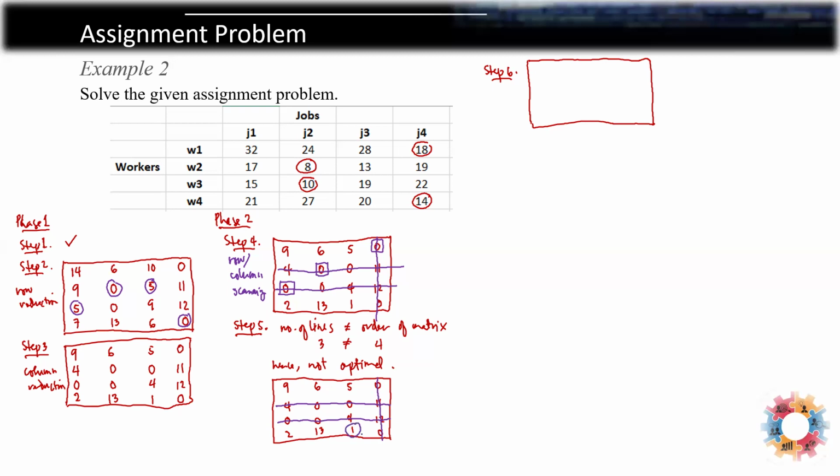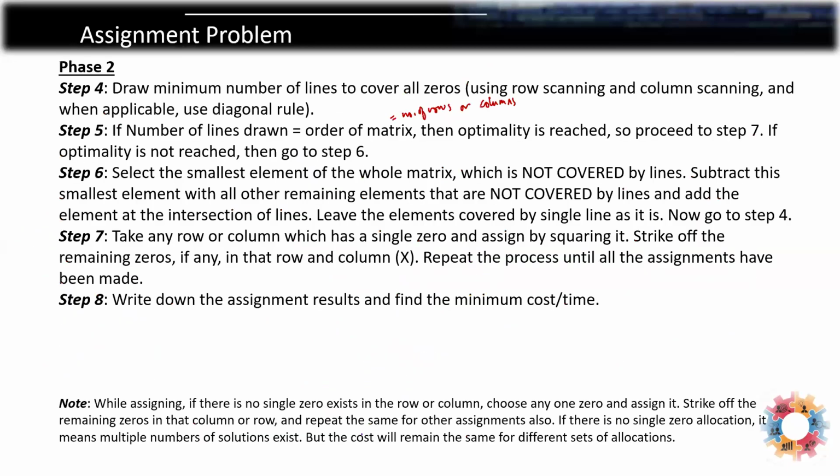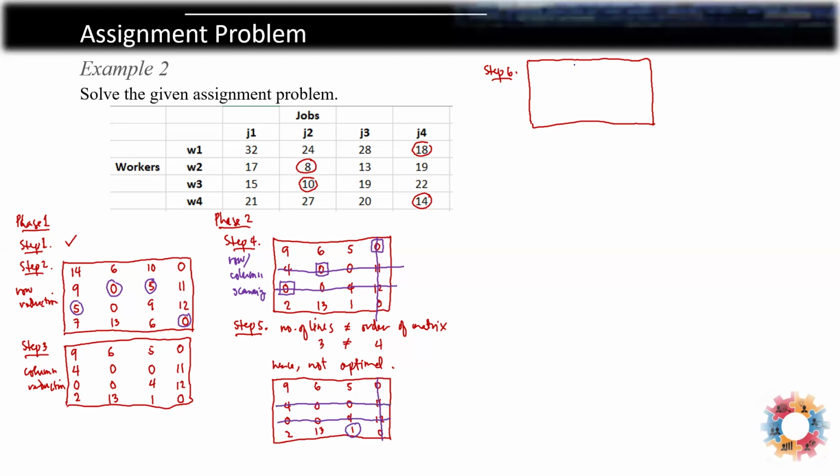That's the smallest. And according to step number 6, for those entries which are not covered by lines, you're going to subtract the smallest element. Okay? So let's subtract that. 9 minus 1 will give us 8.